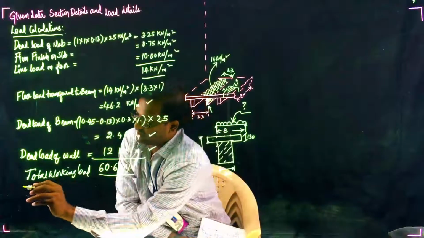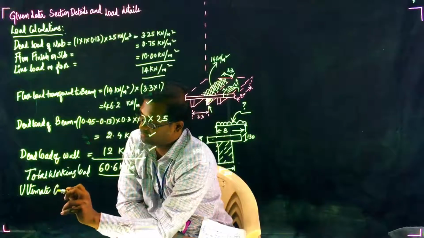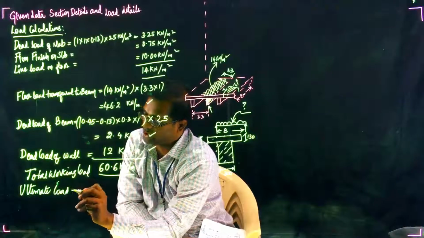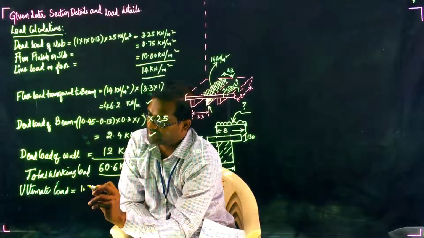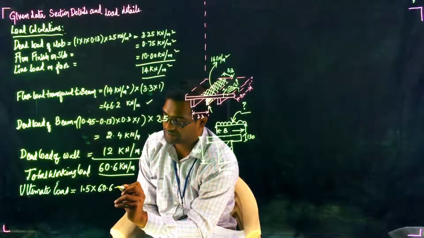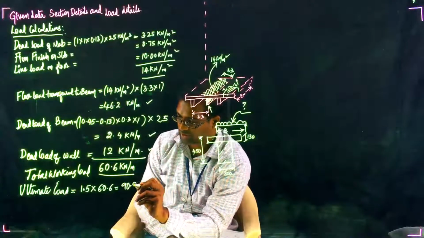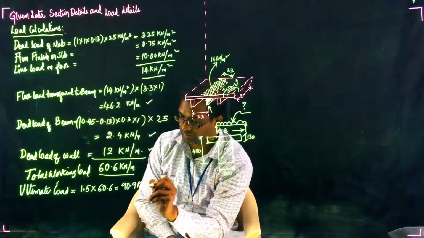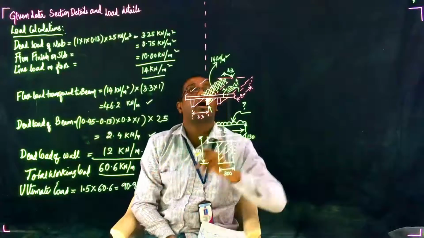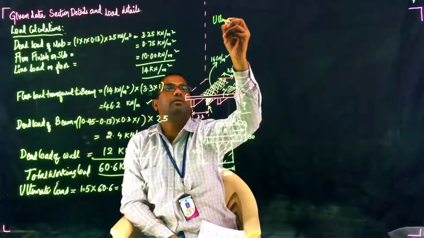The ultimate load is given by a factor of safety of 1.5 multiplied by 60.6. This will give you a value of 90.9 kilonewton per meter. Now after getting 90.9, you need to calculate the ultimate bending moment.